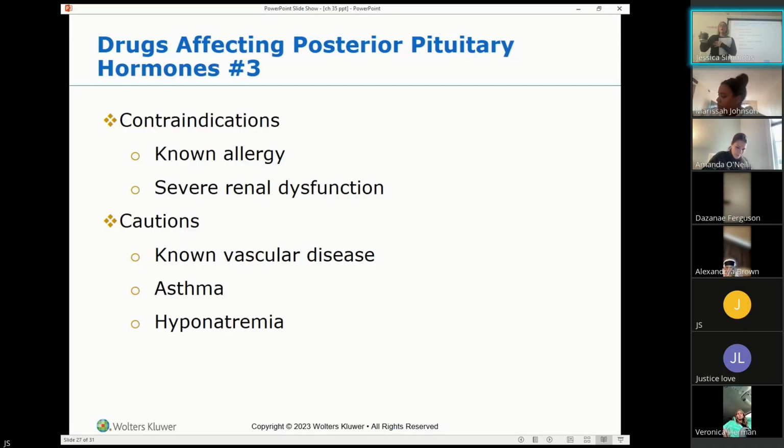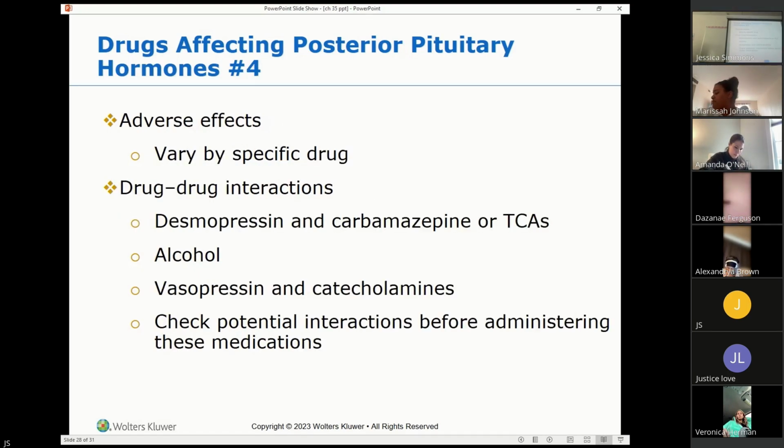Also caution with asthma and hyponatremia. So it says that asthma and hyponatremia could be exacerbated by the effects of the drug. Studies have not been conducted to evaluate the safety of these medications when used during pregnancy or lactation. So adverse effects vary by drug.